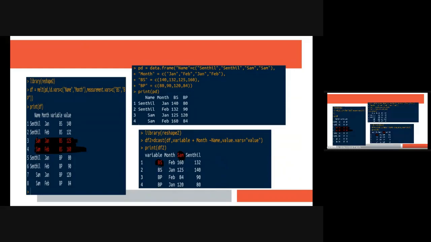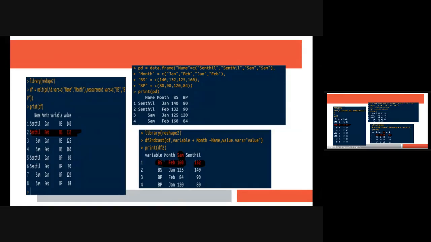For the month of January, the blood sugar is 125 and for February it is 160. So 160 is higher, so store it first. Blood sugar February 160. What is the blood sugar level of Senthil? Blood sugar value of February is 132. So Senthil is 132, write it here.